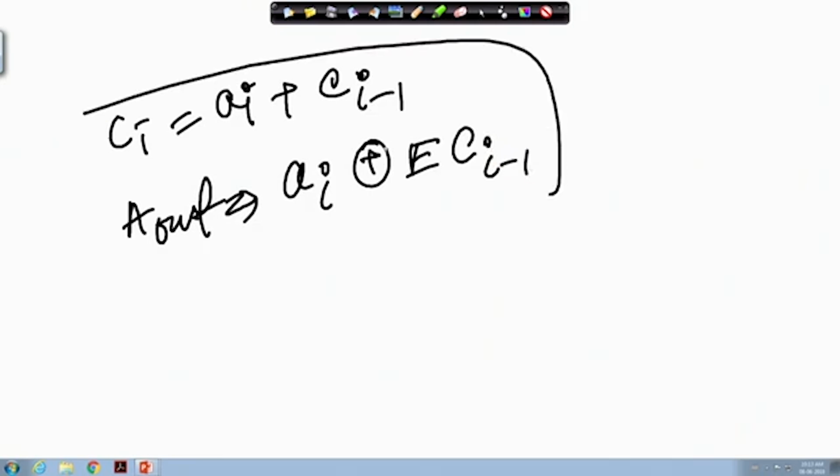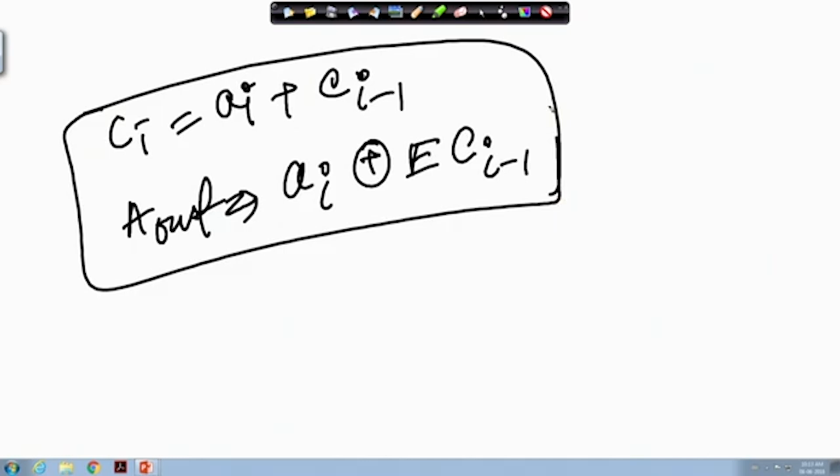These two equations are followed to compute the corresponding architecture. Here, this is for the i-th bit.